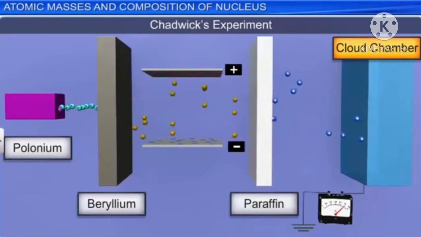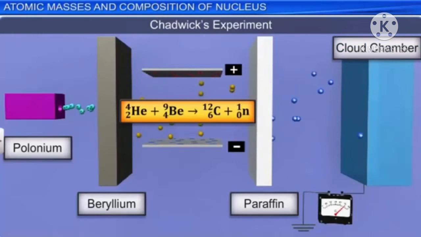The nuclear reaction occurring in Chadwick's experiment can be summarized as 2He4 plus 4Be9 gives 6C12 plus 0N1. Here, 0N1 represents the neutron.